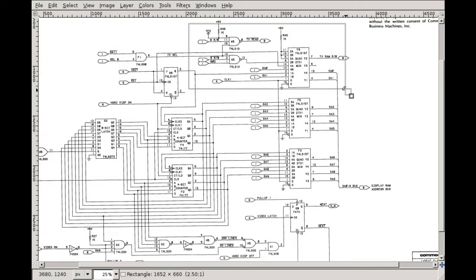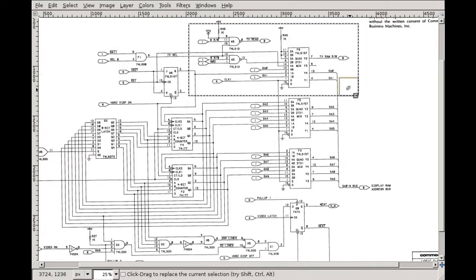This part is generating both the write signal to the video RAM when the CPU wants to write to the video RAM, and the read signal when the CPU wants to read from the video RAM.